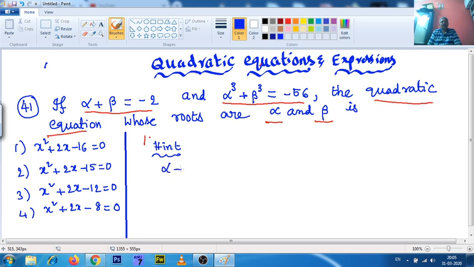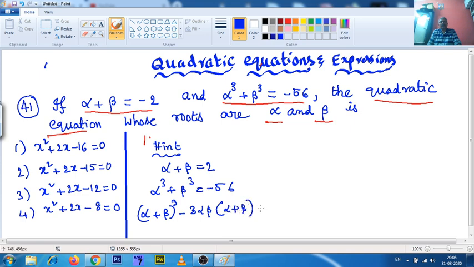Here alpha plus beta is equal to minus 2, given. Alpha cube plus beta cube equals minus 56. We know that alpha cube plus beta cube can be written as alpha plus beta whole cube minus 3 alpha beta into alpha plus beta, which equals minus 56. So in the place of alpha plus beta we can substitute 2.